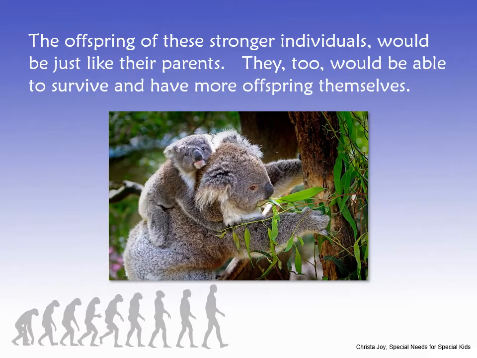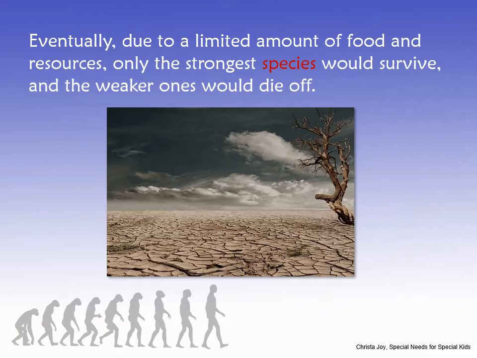The offspring of these stronger individuals would be just like their parents. They too would be able to survive and have more offspring themselves. Eventually, due to a limited amount of food and resources, only the strongest species would survive and the weaker ones would die off.